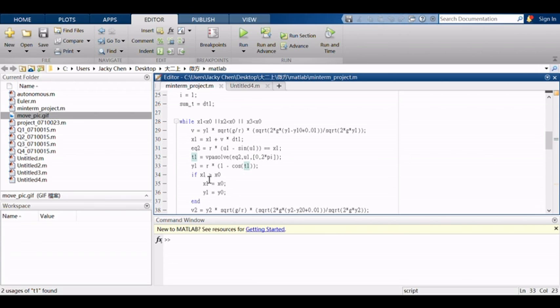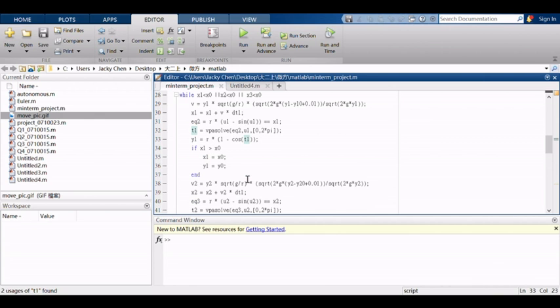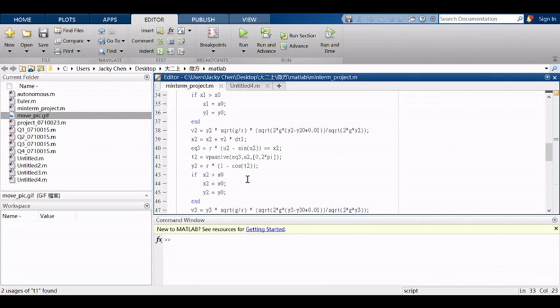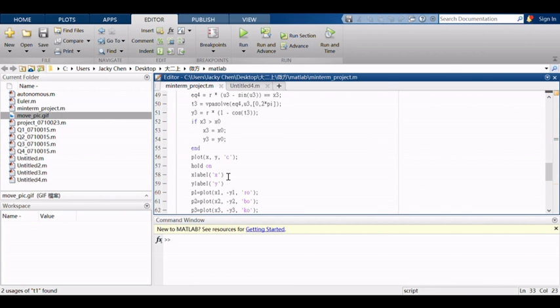And if x1 is larger than x0, x1 equals x0 and y1 equals y0, and we do the loop, same as the second ball and the third ball. So after this, we plot x, y, c. This is the cycloid.